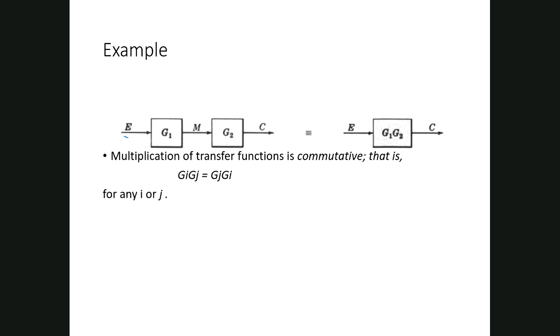So you just multiply the transfer functions, and note that the multiplication is commutative, meaning Gi times Gj is the same thing as Gj times Gi. It doesn't matter which one comes first in the multiplication. So if you have systems in series, just multiply the transfer functions to get the equivalent transfer function.